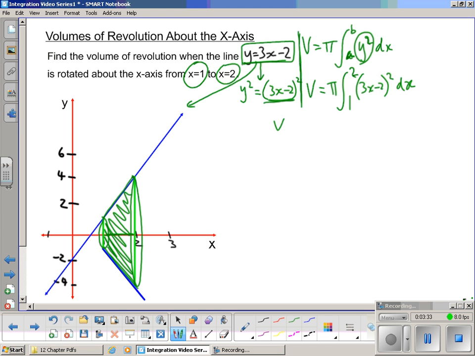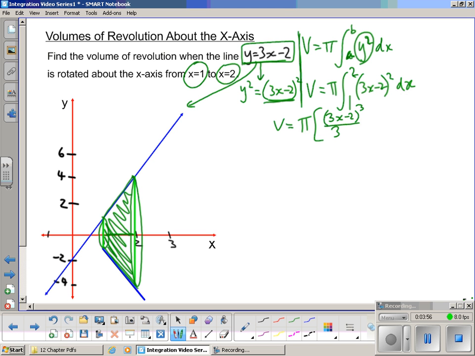So our volume will equal pi out the front. When we integrate 3x minus 2 squared, we add 1 to the power and divide by the new power, so we've got 3x minus 2 to the power of 3 divided by 3.